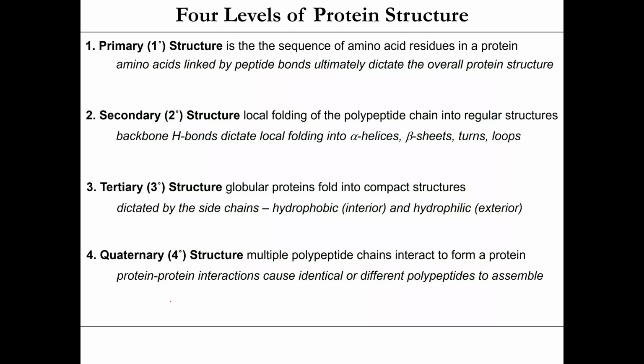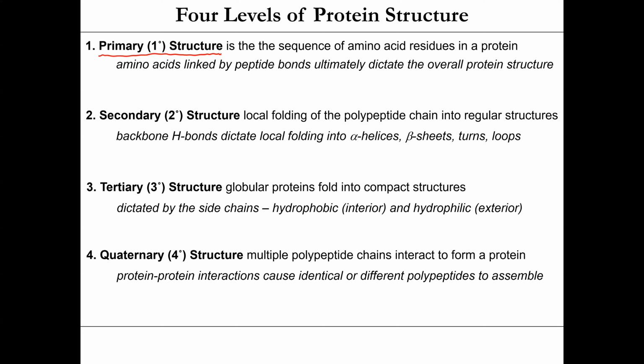We'll start our lecture today talking about the 4 levels of protein structure. The 4 levels of protein structure are primary, secondary, tertiary, and quaternary. Today we'll be talking about primary and secondary structure, and then we'll talk about tertiary and quaternary structure in the next lecture. Primary structure is the sequence of amino acid residues in a protein.